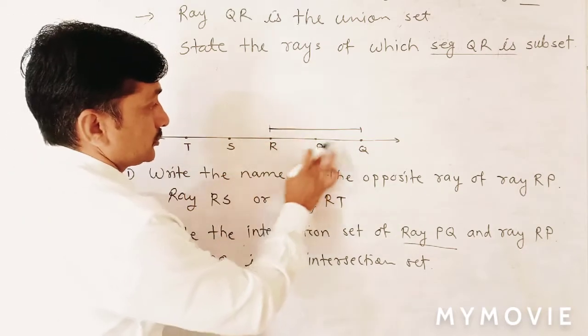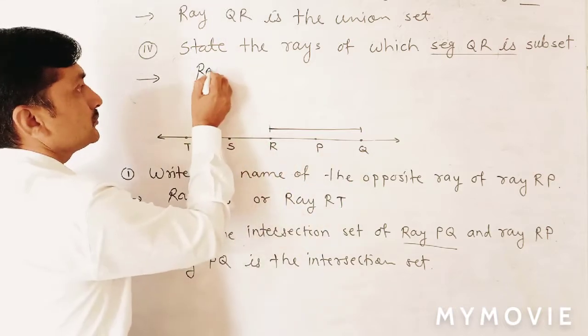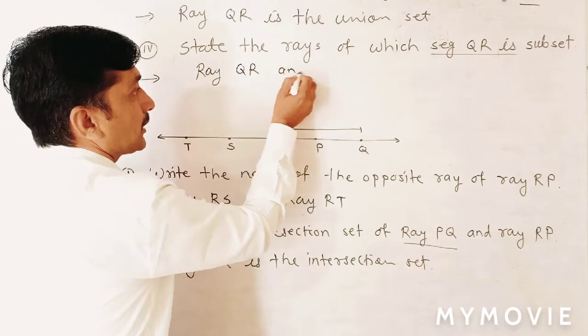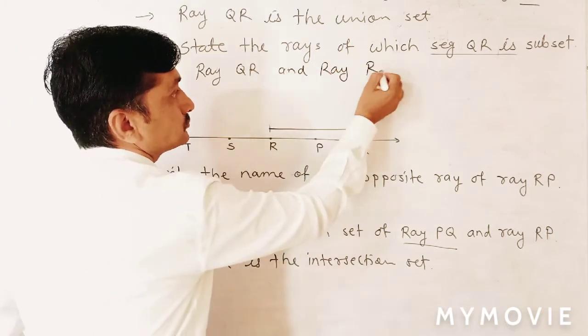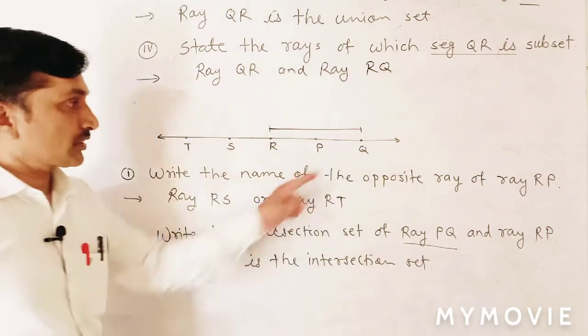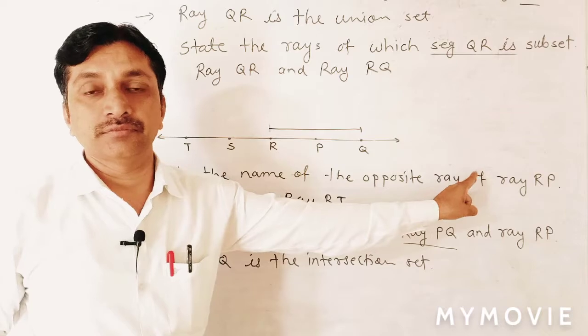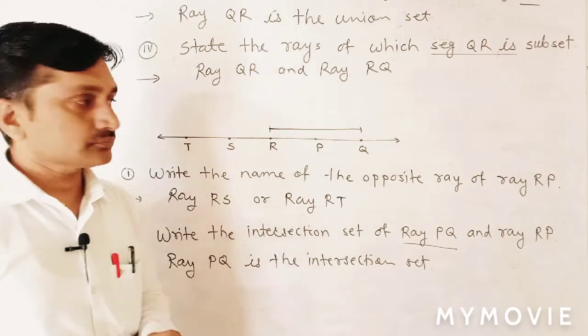Now we can say ray QR and ray RQ, both sides. QR is coming to this side, RQ is going to that side. Therefore QR is a part of both.